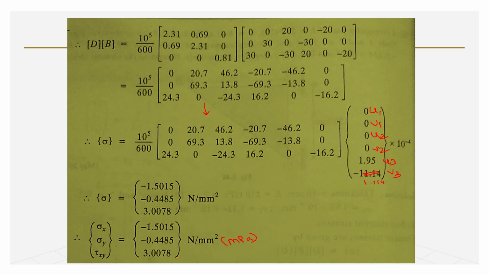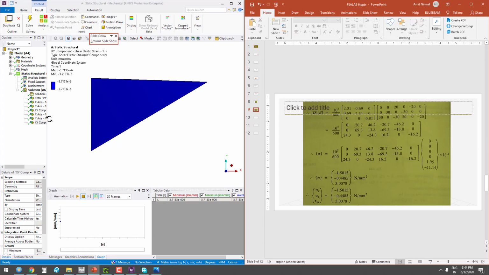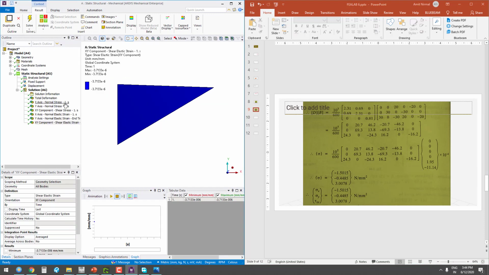So let's check this with the answers also. If we go to the answers, sigma x is 1.5, which matches our hand calculation approach. Sigma y is 0.4485, that is 0.45. Tau xy is 0.3.